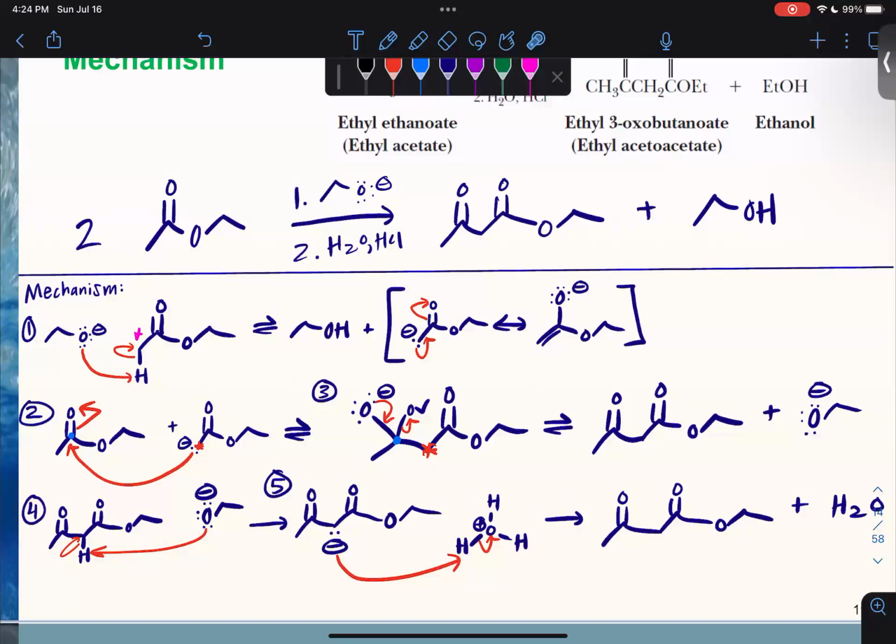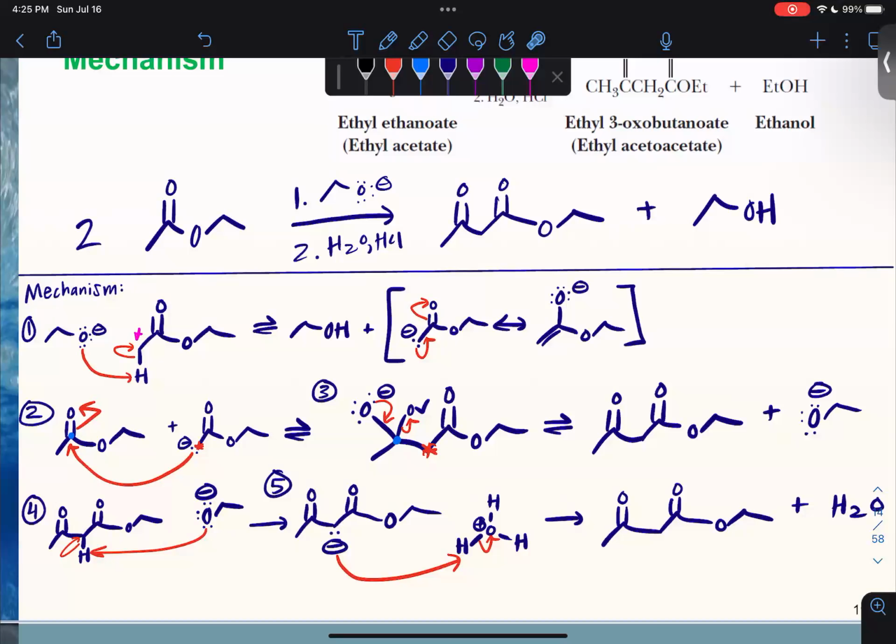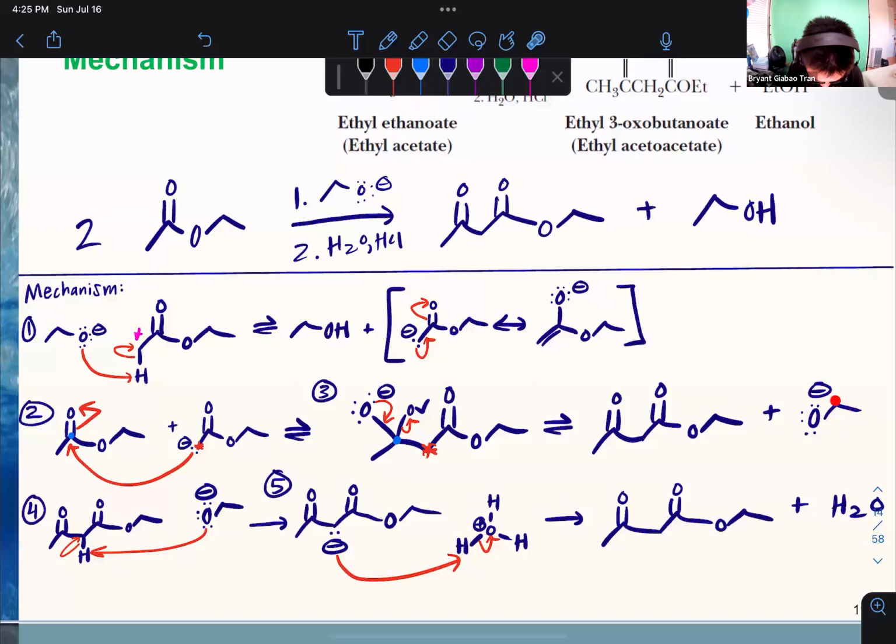Why can't you protonate the ethoxide right away? Like, you don't need to deprotonate and then protonate that ethoxide, like this one over here. Yes, because we can't do that, because this is originally a bad leaving group.